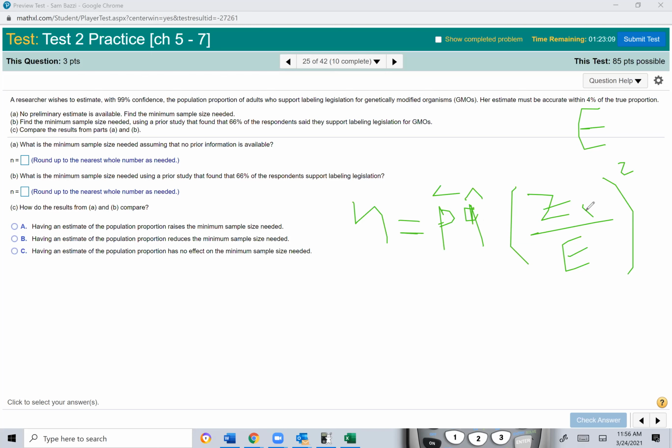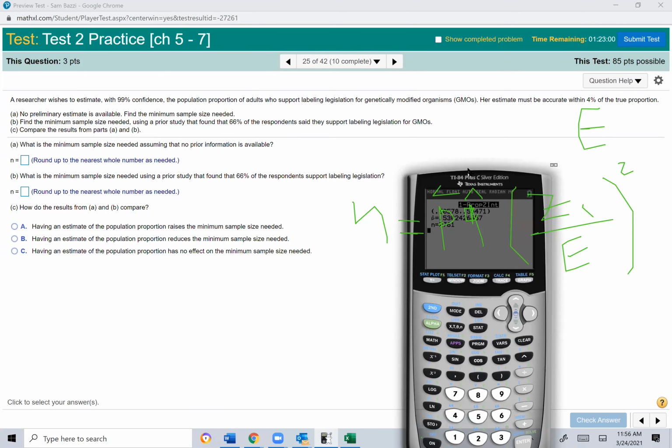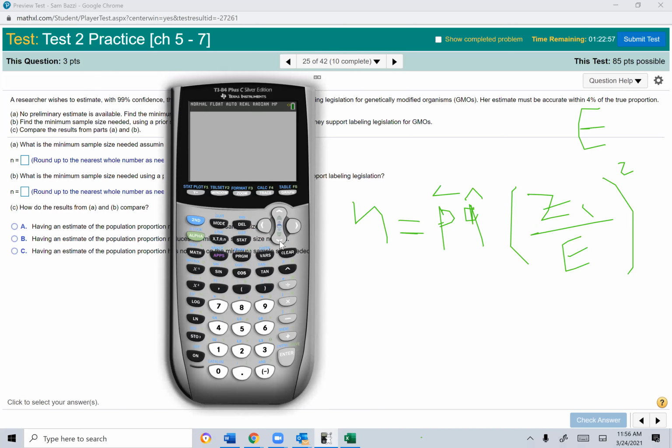And what's ZC at 99%, guys? I keep stressing this, you should know it by heart. So let me get the calculator. It's 2.575. So it will be 0.5 times 0.5 times, open parentheses, 2.575 divided by the margin of error, which is 0.04.